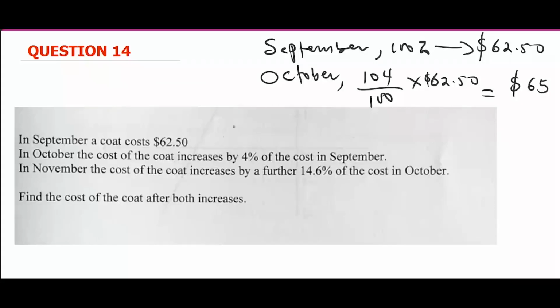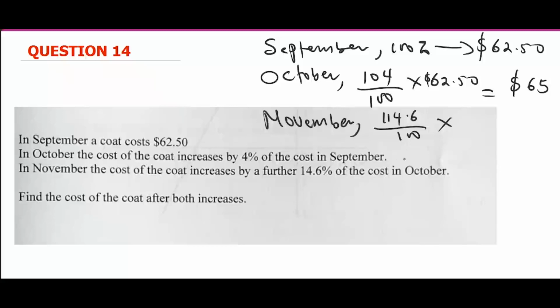Then in November, the cost of the coat increases by a further 14.6%. So that is going to be 114.6%. Okay, so that will be the percentage. So 114.6 over 100 times the cost in October.